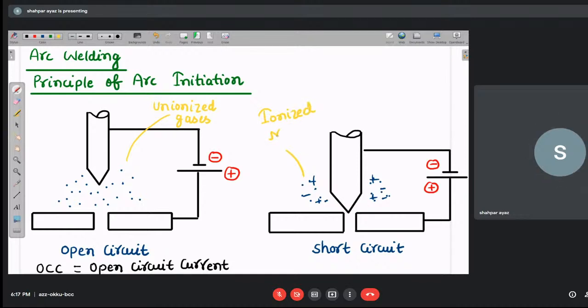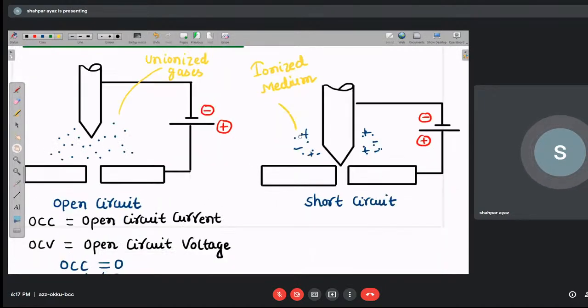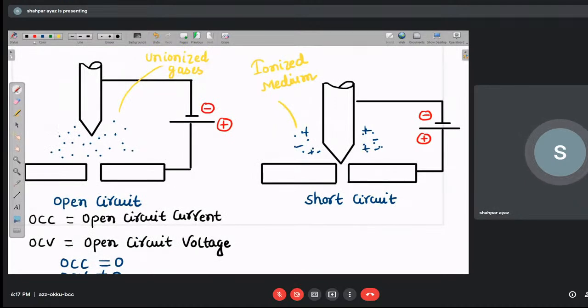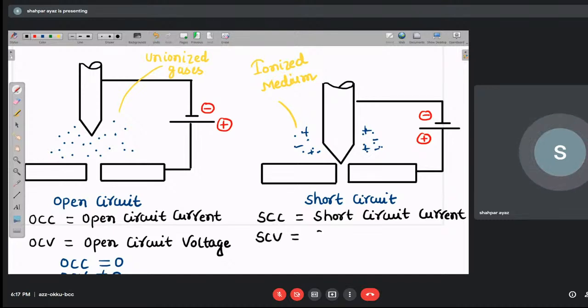Ionized medium, right? So in short circuit, actually what happened, my dear? Now both are at the same potential, therefore here also SCC, short circuit current, and this is your SCV, short circuit voltage.